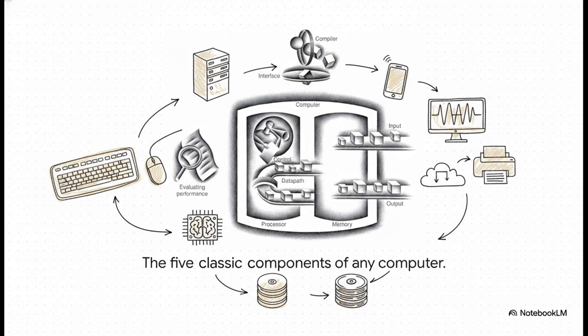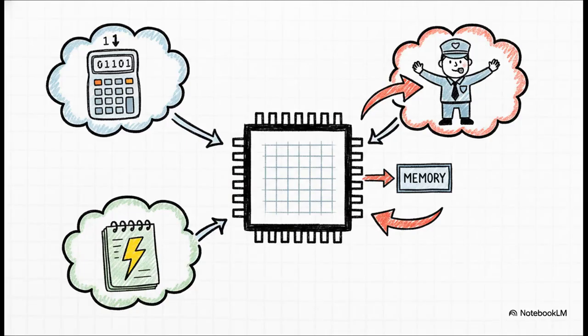But the real heart of the machine, that's the processor. The processor, or the CPU, it really has 2 main jobs. The data path, that's the calculator. It does all the math. And the control, well, that's the traffic cop, directing the flow of information between the data path, the memory, and everything else. And to speed things up, it has its own tiny, super fast little scratch pad right next to it for data it needs in a real hurry.